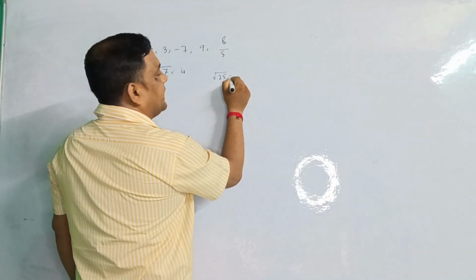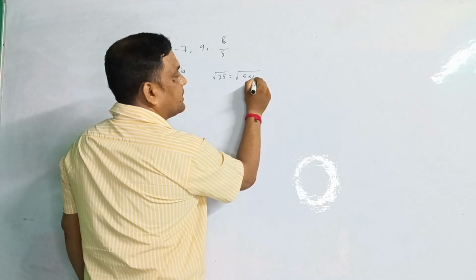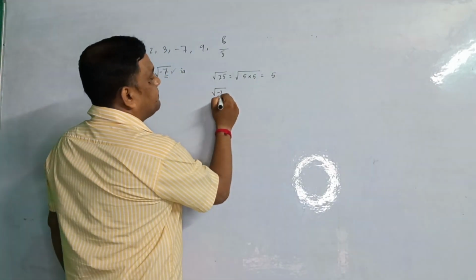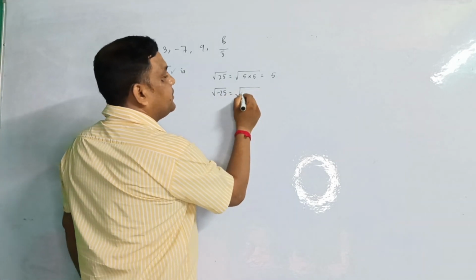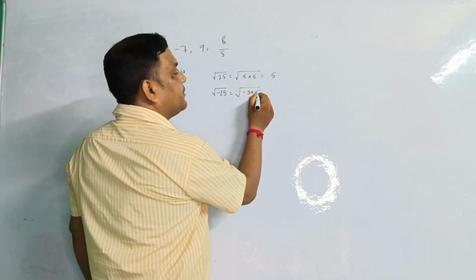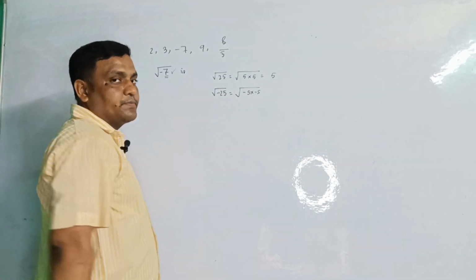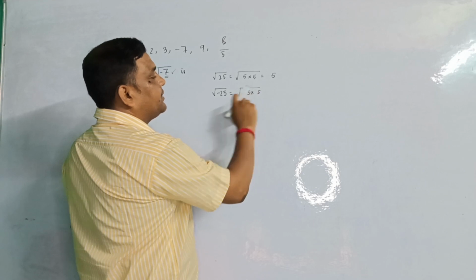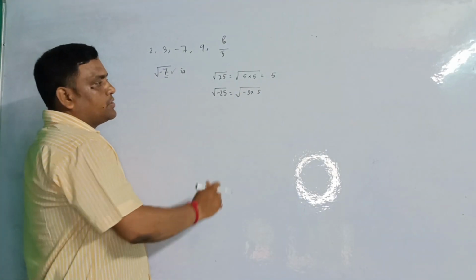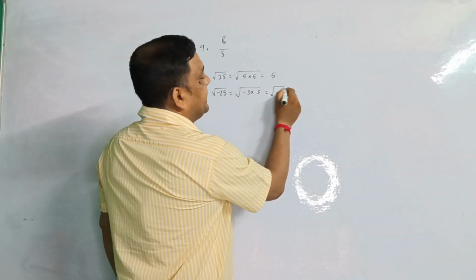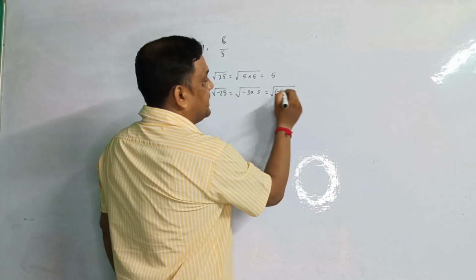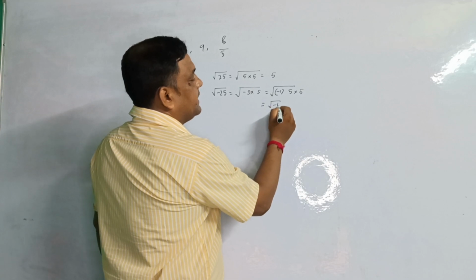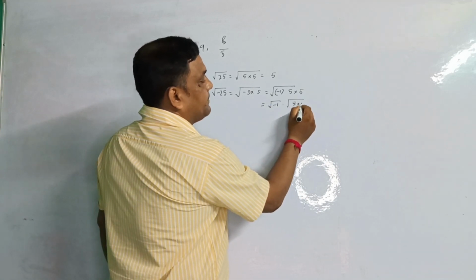A very simple example is 25. You can write 5 cross 5, that will be 5. But when the number is -25, you can't write -5 into -5, because minus times minus, when you multiply, becomes +5. So you need to write 5 cross 5 with one extra term, -1 into 5 cross 5.